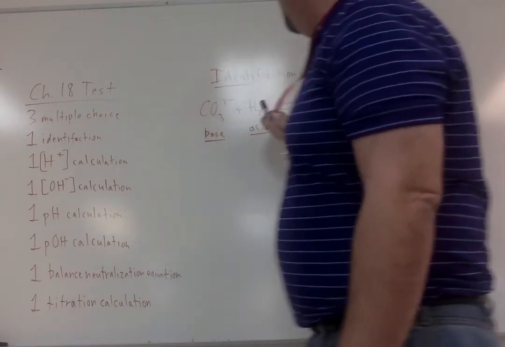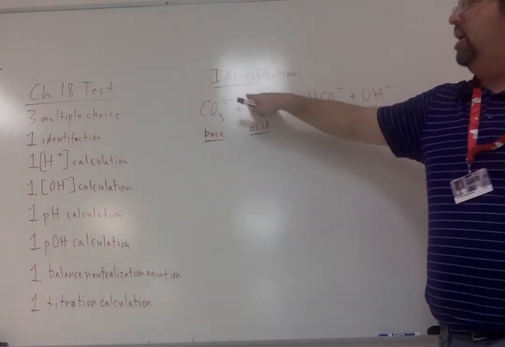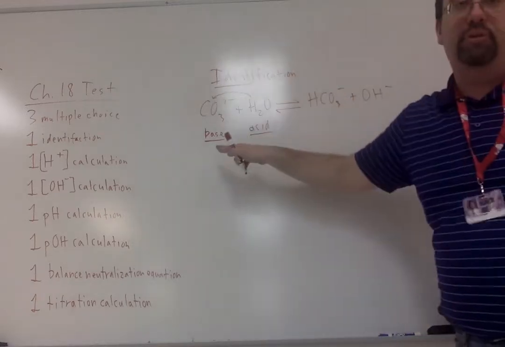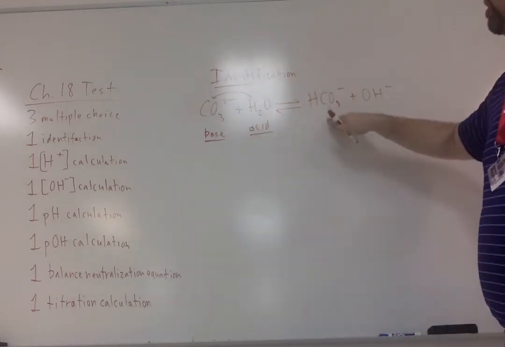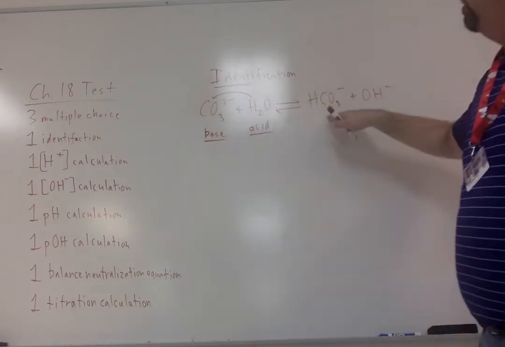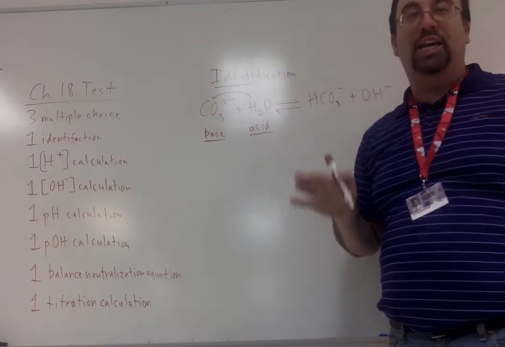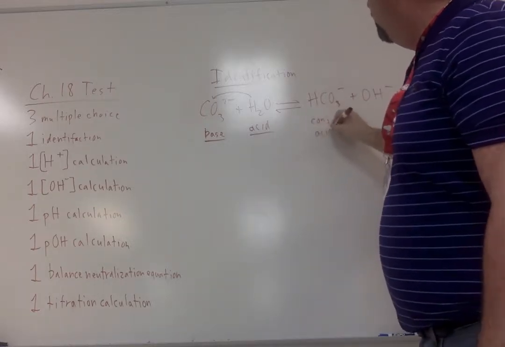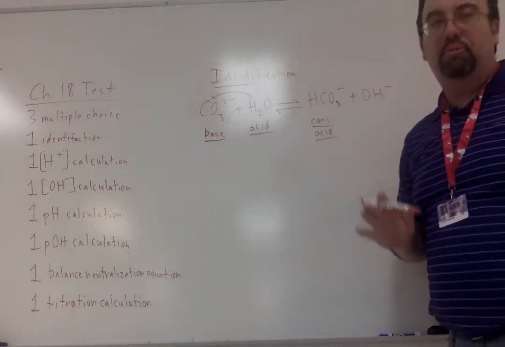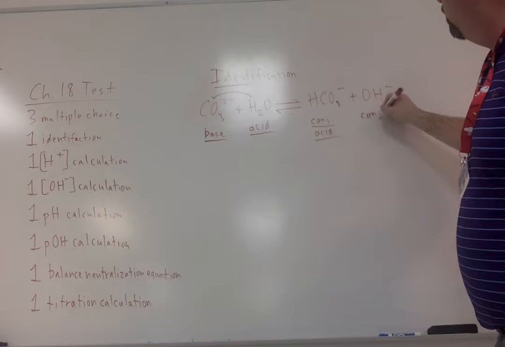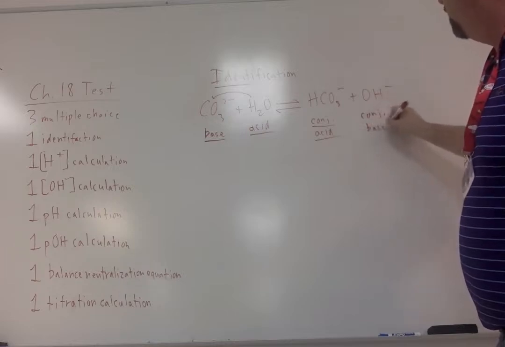And so again, the water is giving up its proton to CO3, and so over here we can see then, because this picks up the proton from the water, this is going to be our conjugate acid, and therefore this is our conjugate base.